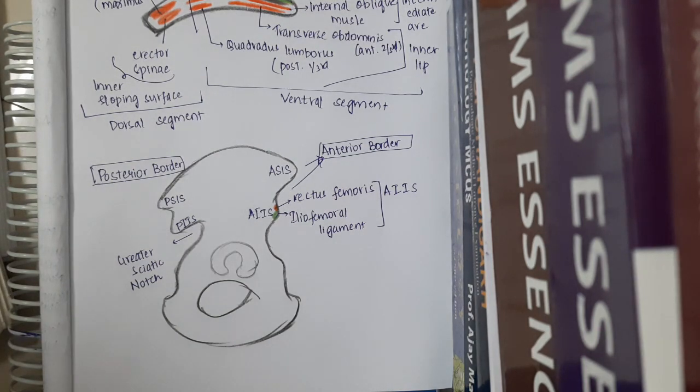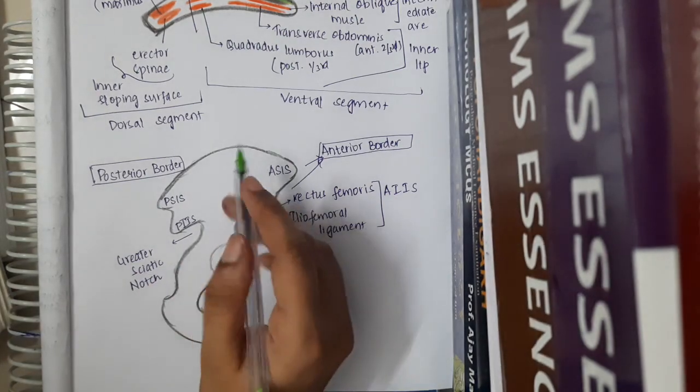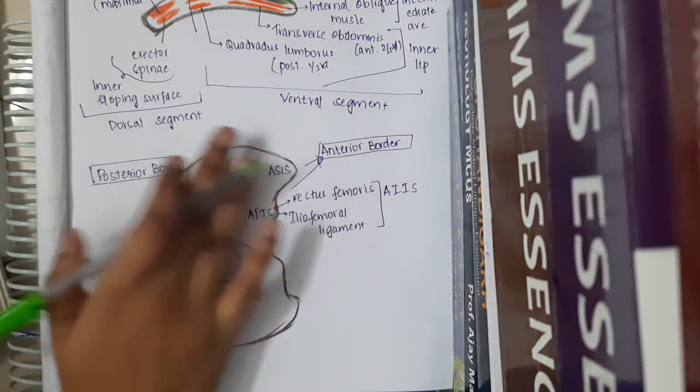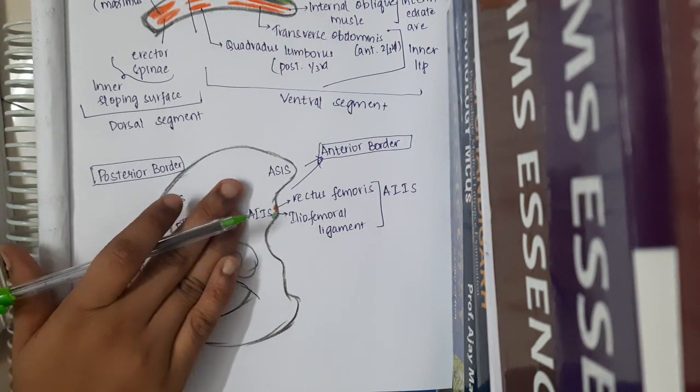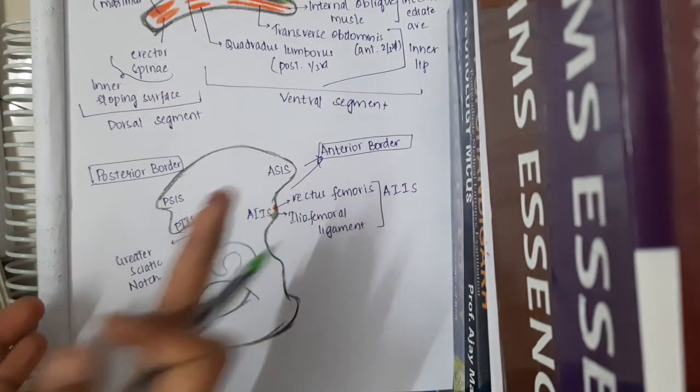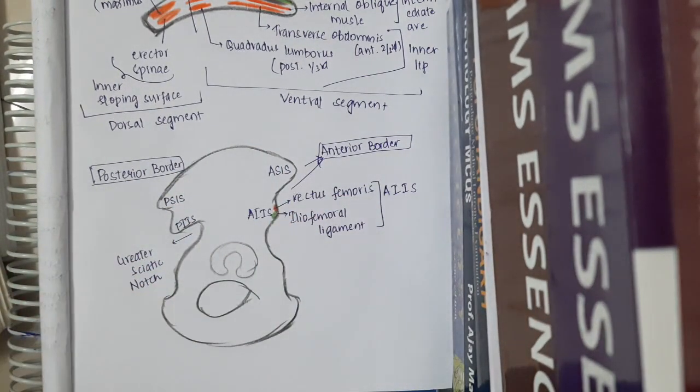Then after that, you will have a medial border also. What is this medial border? Medial border extends downwards, forwards and medially from the iliac crest to the iliopubic eminence. Anyways we can't show it in this diagram, so that's okay.